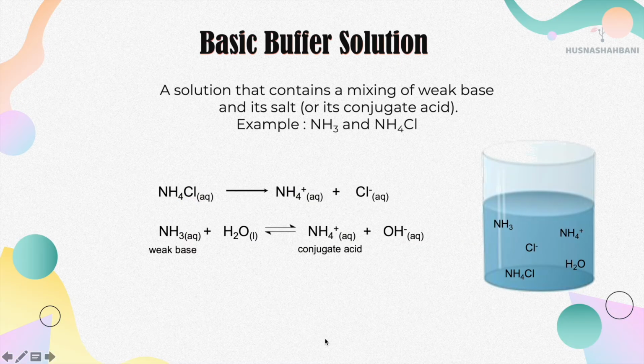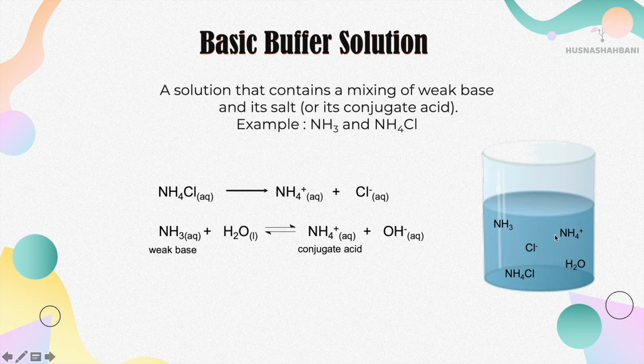Next, a basic buffer solution is a solution that contains a mixture of a weak base and its salt, or its conjugate acid. For example, we have NH3 and NH4Cl. So in a basic buffer solution, you have NH3 and you have NH4Cl. The NH4Cl is the salt. The salt dissociates completely into NH4 plus and Cl minus, one cation and one anion, in aqueous form.